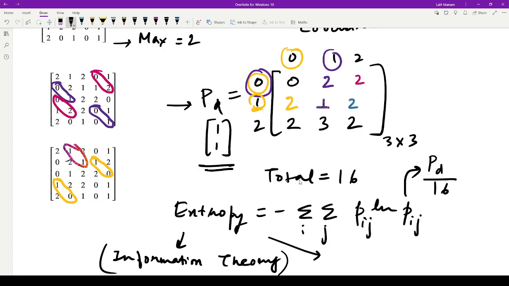So here the randomness will be given by what? If the probabilities are the same, then it's fine. I agree with your point on the probability distribution. So if the probability distribution is more uniform, the entropy is very high, and if the probability distribution is skewed, the entropy is low.